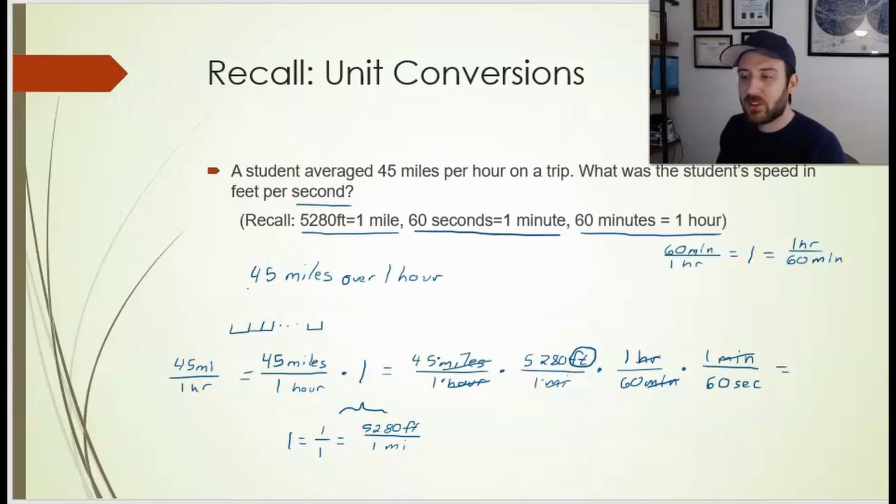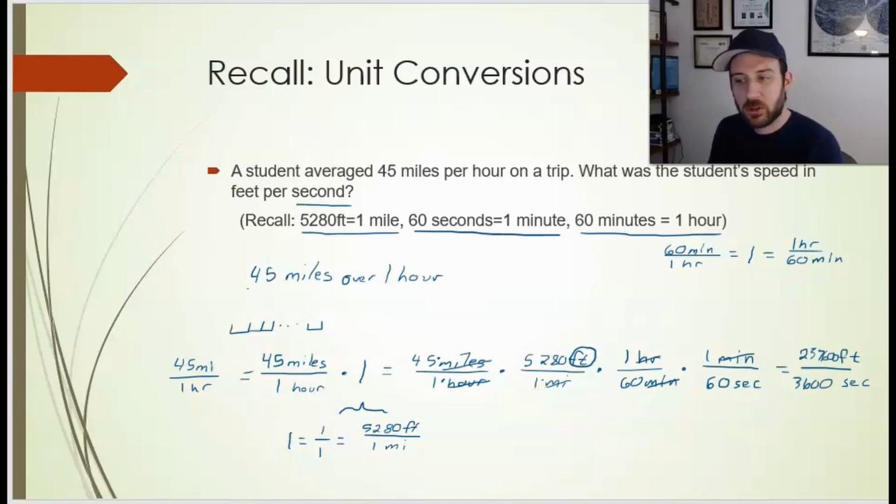If we multiply this all the way through, 45 miles times 5,280 feet times 1 times 1, we're going to get a number that has feet for its units. On the denominator, we have 1 times 1 times 60 times 60, and that's going to get us something with the units of seconds. So we'll pull out our calculator and we'll type this away.